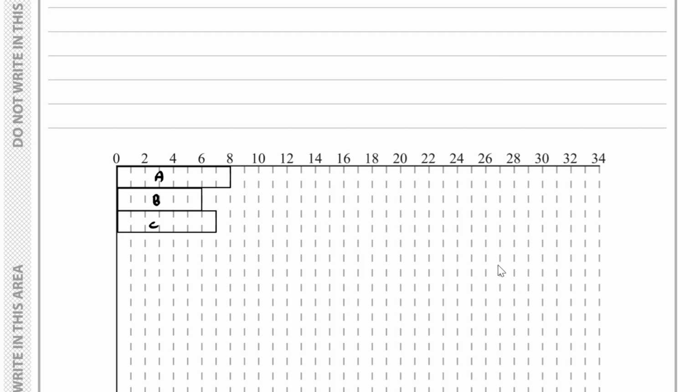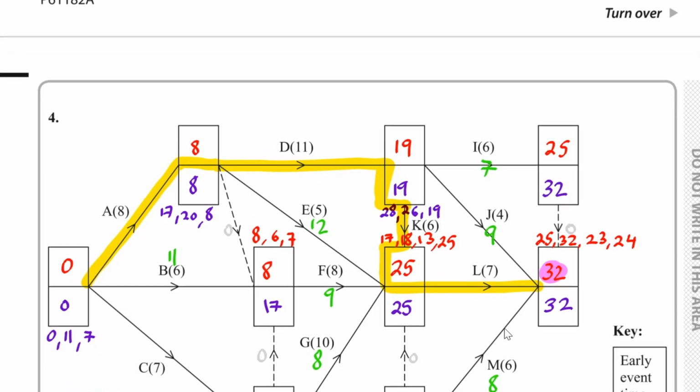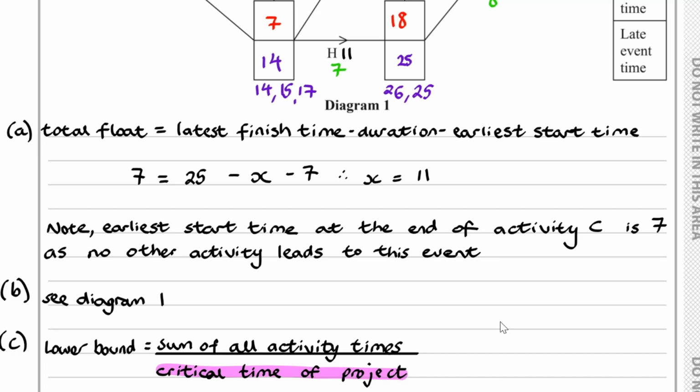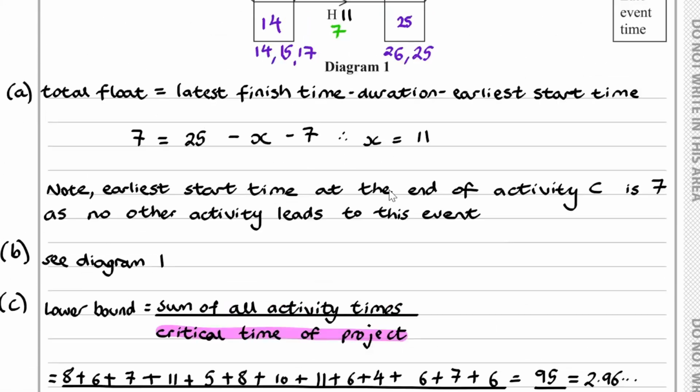Okay, now it would be a good idea to fill out the critical activities. So we have D, K, and L. Those have durations 11, 6, and 7. So let's grab a calculator. We have 8 plus 11, which is 19. So D takes us up to 19. Let's just add that on the diagram. So from here we go to 19, okay, and then we've got K, and if you look at the duration of K, that was 6.